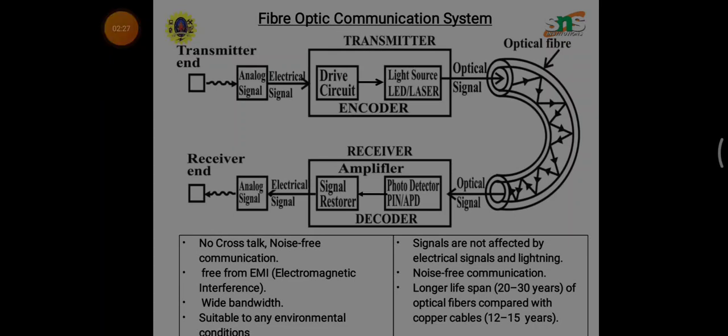So now, why is light used instead of electricity? In fiber optic communication, laser light is used for transmission because this light source has a single wavelength, as compared to other light sources like bulb light or sunlight, which have several wavelengths.